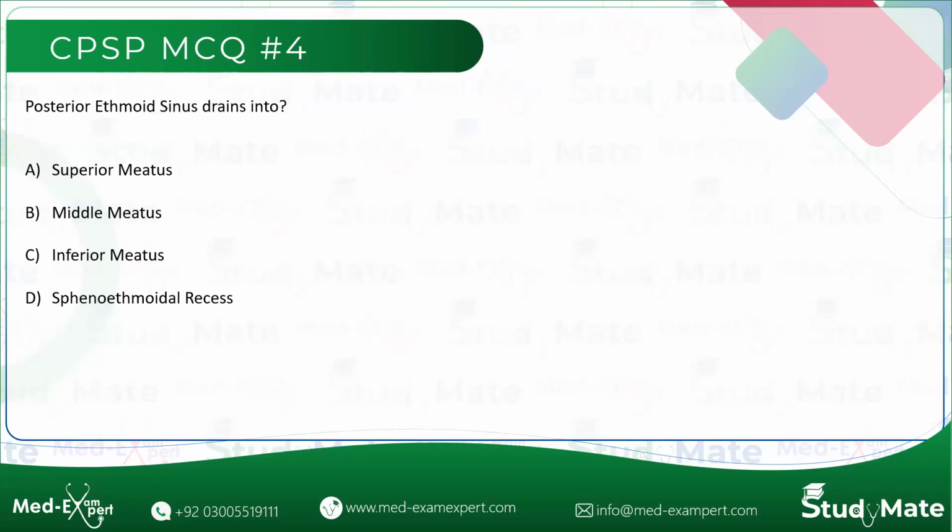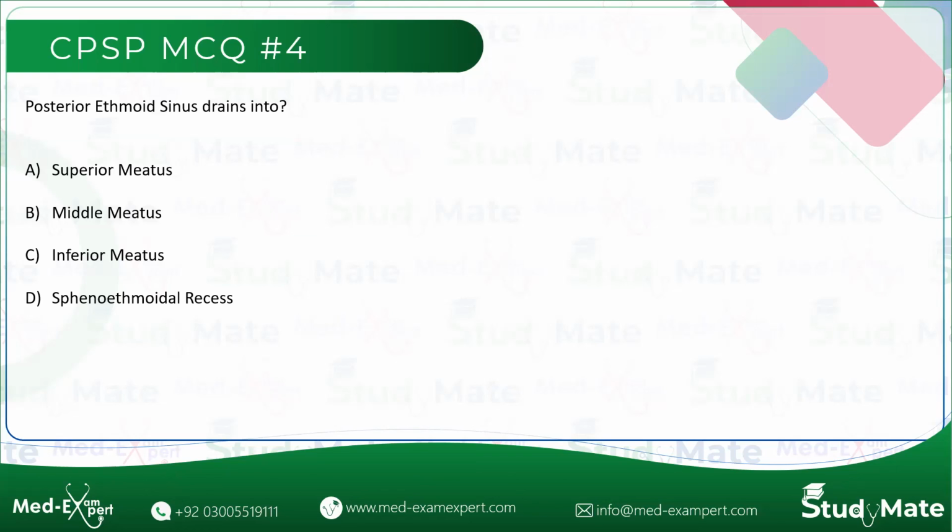Okay, so last MCQ for today is that posterior ethmoid sinus drains into A is superior meatus, B is middle meatus, C is inferior meatus, and D is sphenoethmoidal recess. So what is the correct answer?